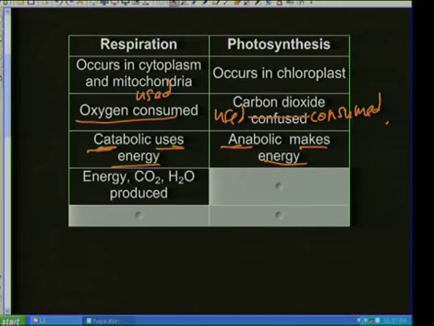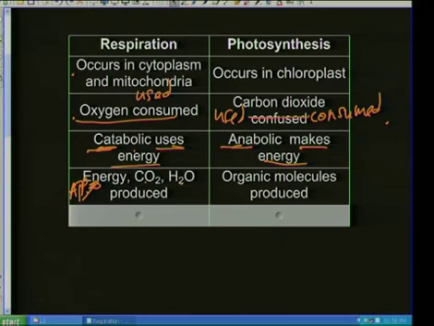Remember what I told you at the beginning when you're tabulating the differences: where does it take place, what does it use, this is the extra one, and what is produced. Energy, carbon dioxide, water are produced. Or instead of energy, you can say ATP is produced. Whereas in photosynthesis, organic molecules are produced.